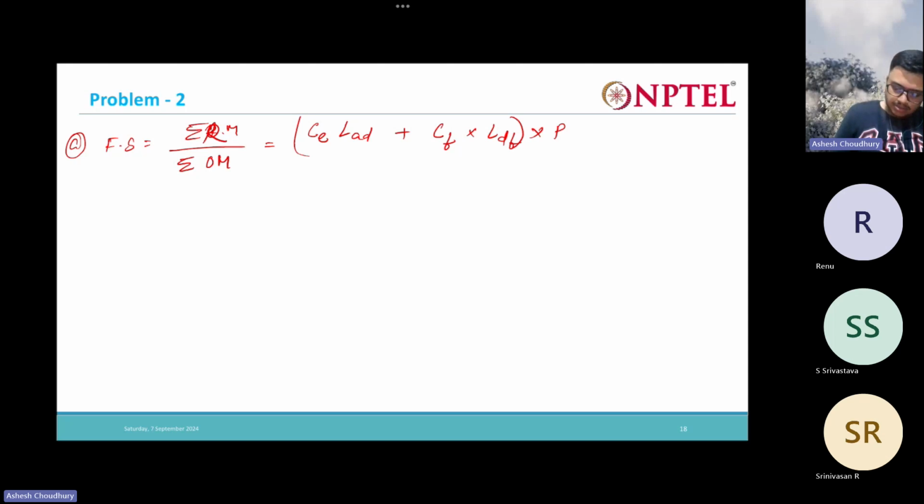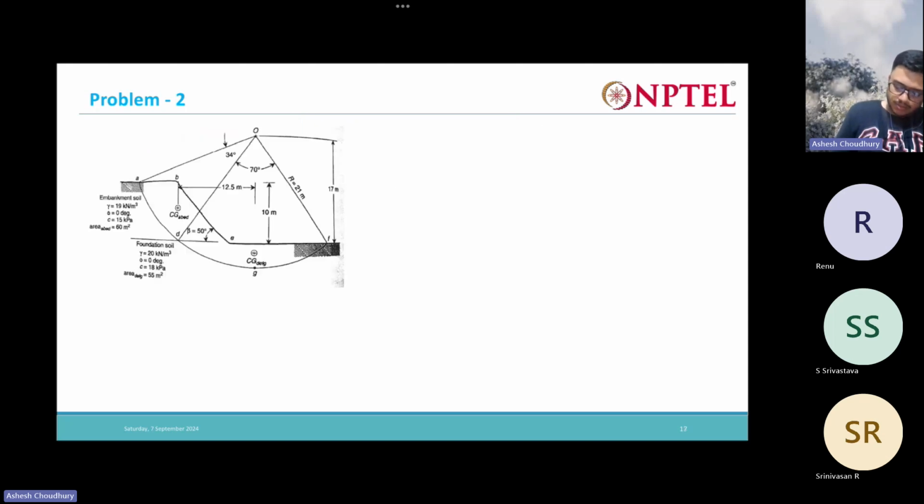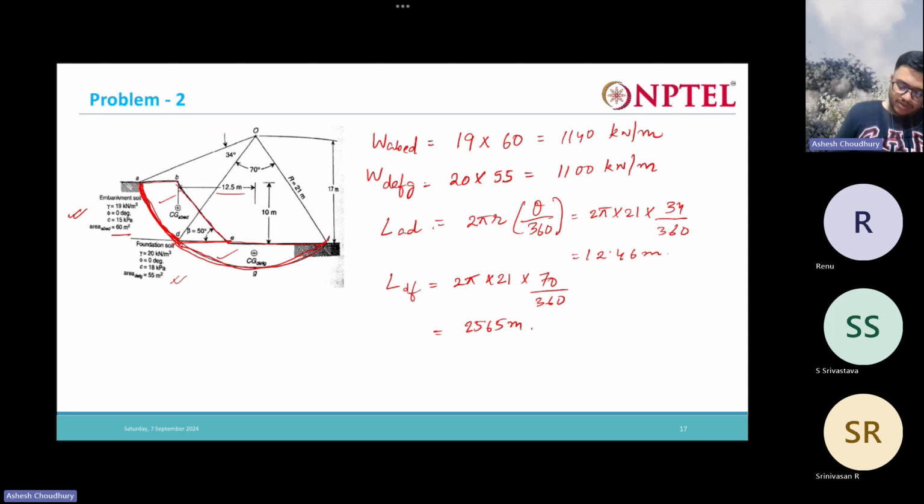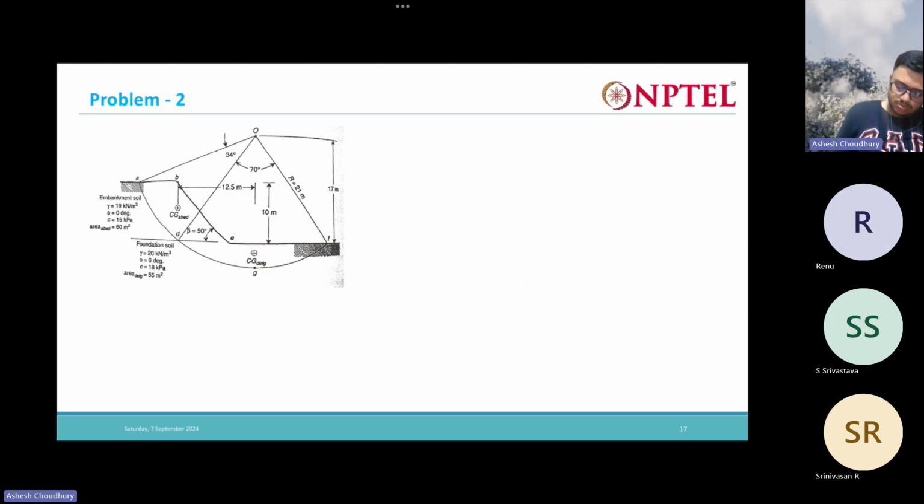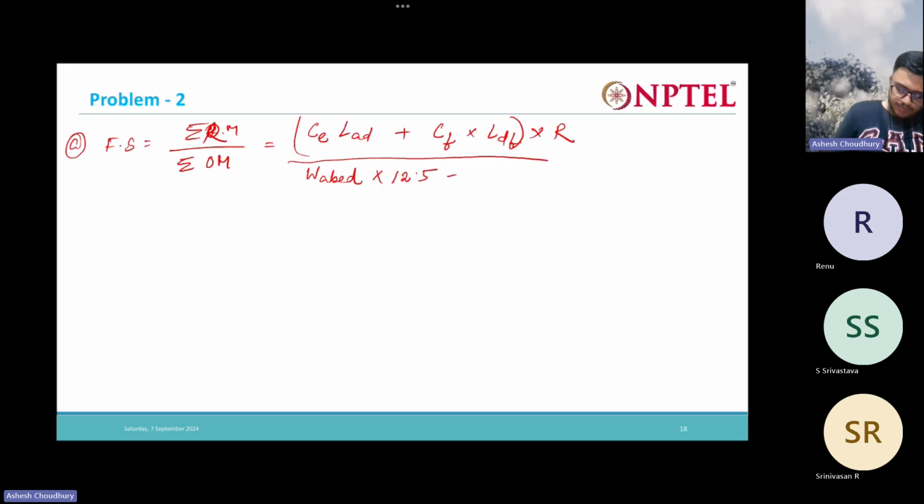Divided by the overturning moment: from here it's given 12.5, and for here the CG is here, right? It passes through the center, so 0 lever arm. Just put the values.